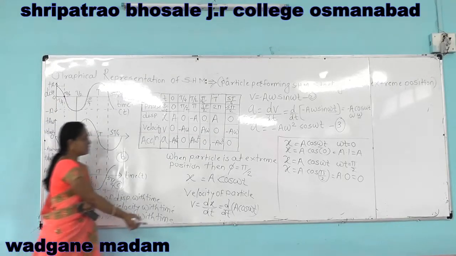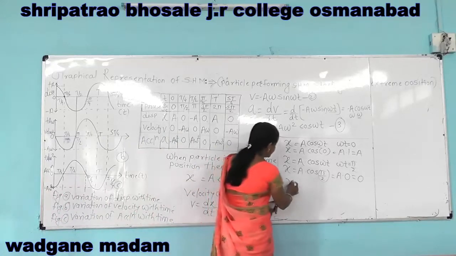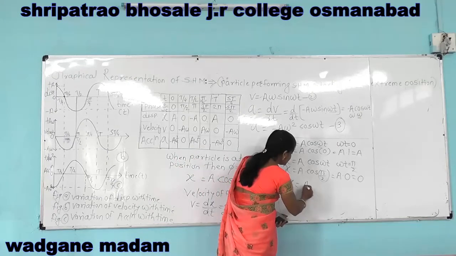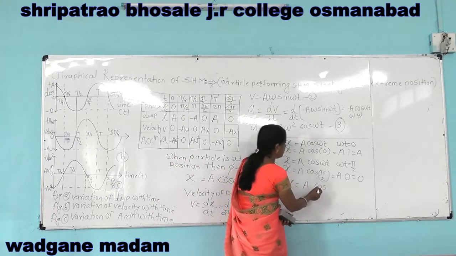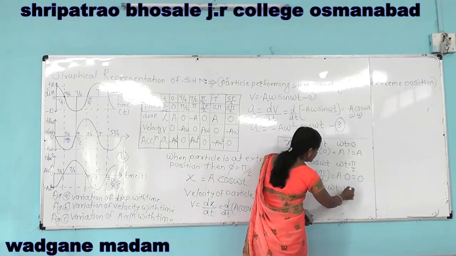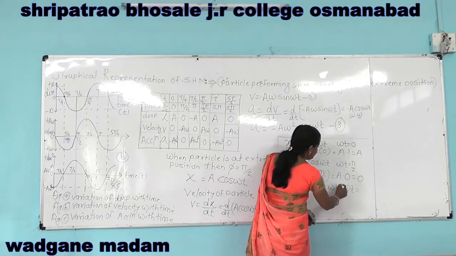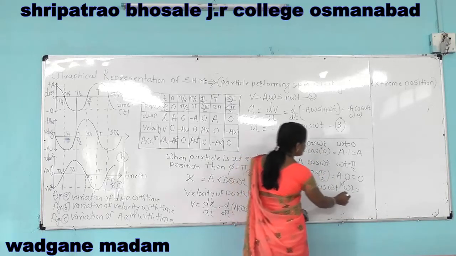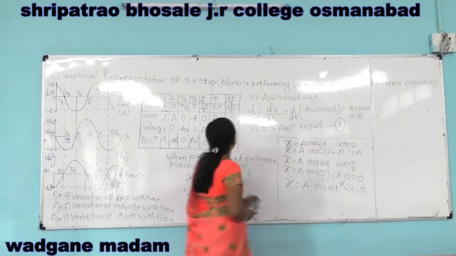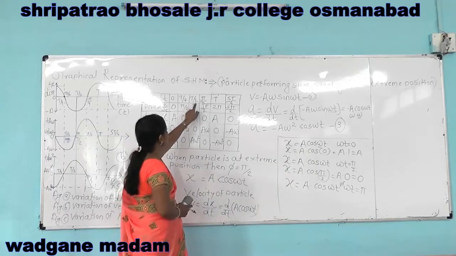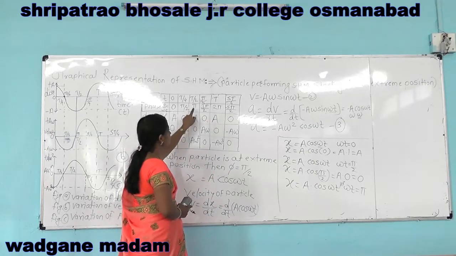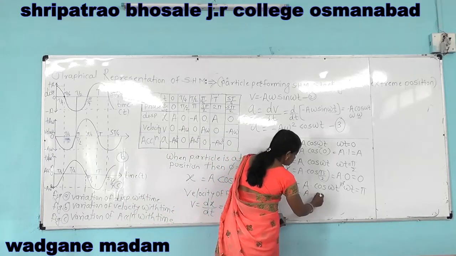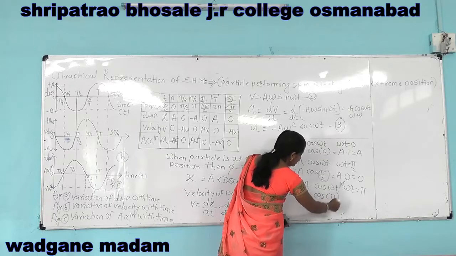After that we can consider the expression again for the next time interval, T by 2, where the phase omega t is equal to pi. Therefore x is equal to a cos of omega t.